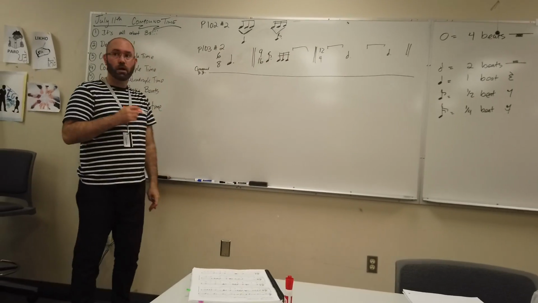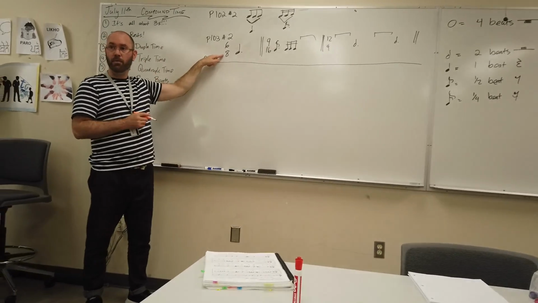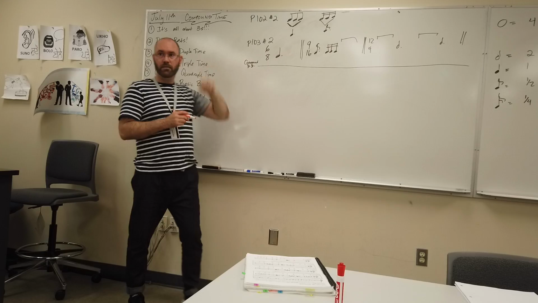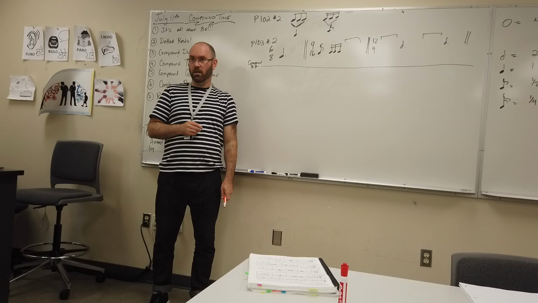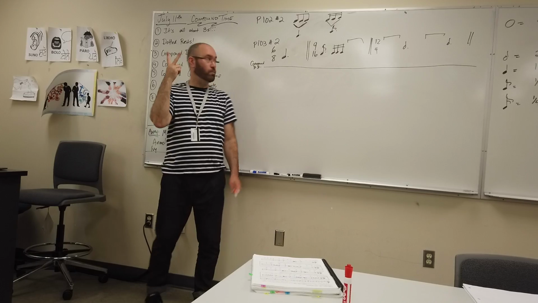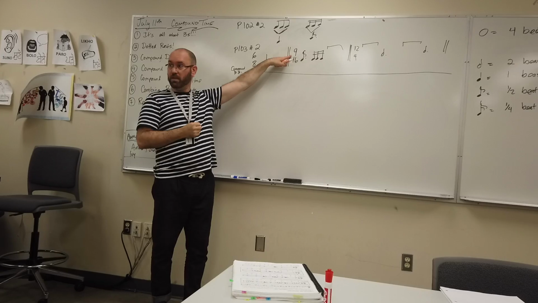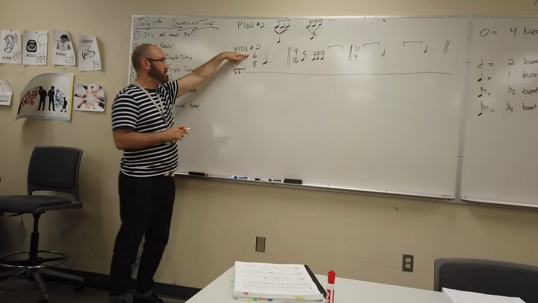So, figure out what the basic beat is. 6/8 time means there's 6 eighth notes in each bar. If there's 6 on the top, how many basic beats will there be? How many times does 3 go into 6? 2. So there'll be 2 basic beats for this, there'll be 3 basic beats for this, and 4 basic beats for this. So what's the basic beat?